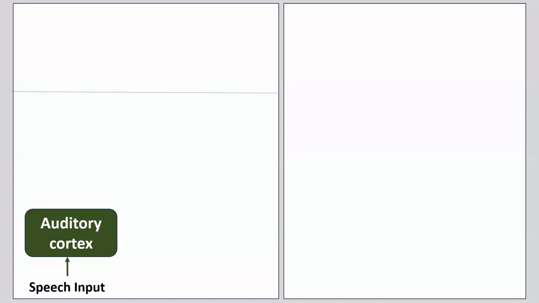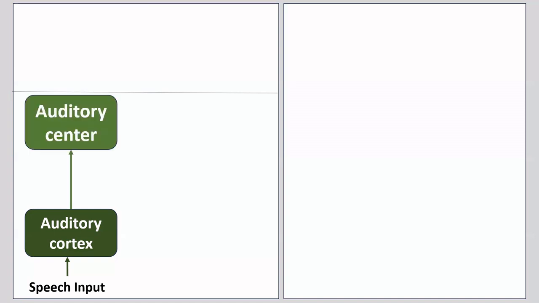So speech input is delivered to the auditory cortex, and then from the auditory cortex reaches the auditory center, which later was referred to as the Wernicke area, and which is basically located in the vicinity of the primary auditory cortex, and which contains the word images.